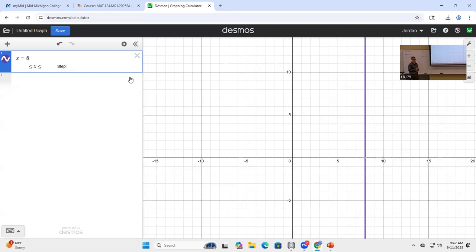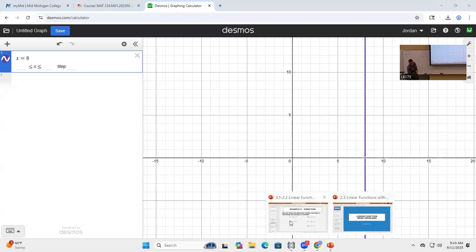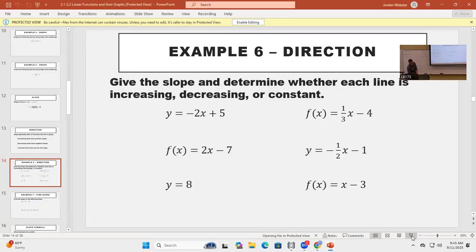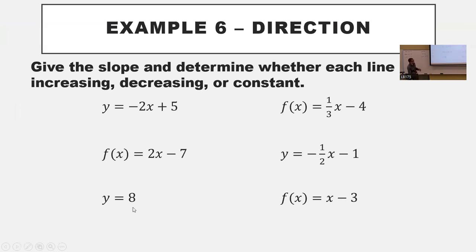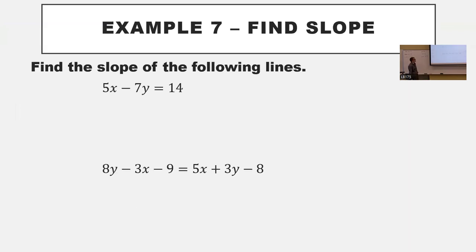Some people say the slope is undefined on a vertical line. Others say it's infinite. But yeah, y equals 8, that's a constant line.